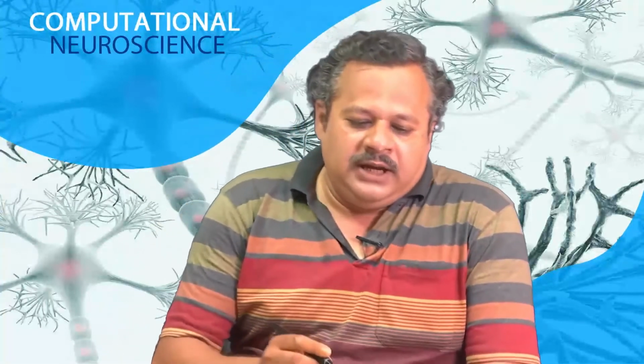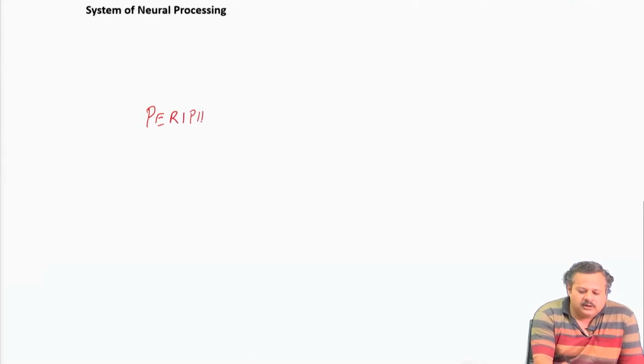So, if we think about our artificial system, the first stage in the periphery, which is also true for the nervous system that we have, are a set of sensors.